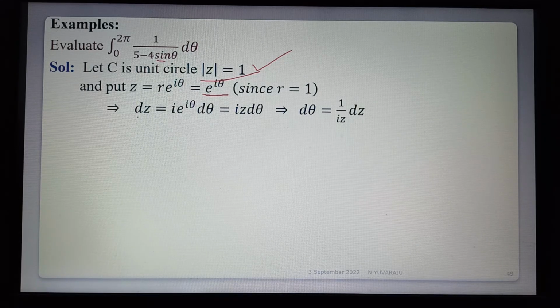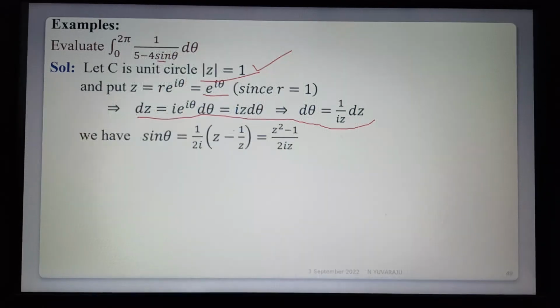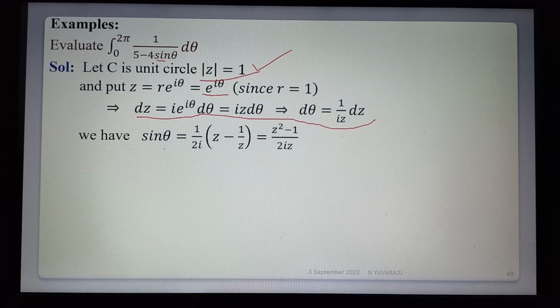So dz is equal to, already discussed in the previous slide, d theta is equal to 1 by iz into dz, same for every problem. And we have sin theta is equal to, formula, 1 by 2i into z minus 1 by z, that is equal to z square minus 1 by 2iz, and this has to be replaced in place of sin theta, and d theta also has to be replaced.